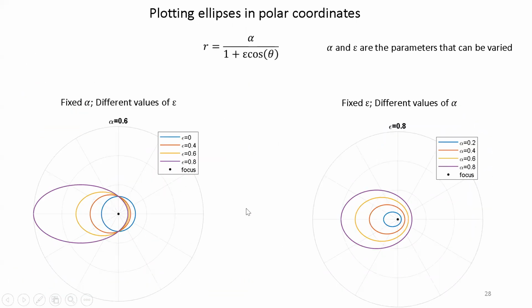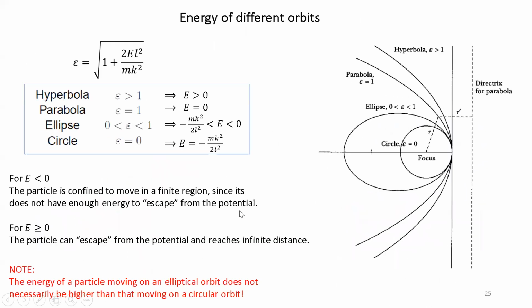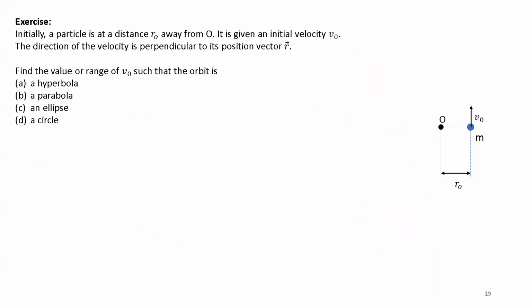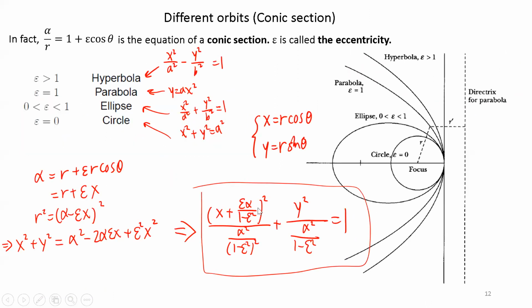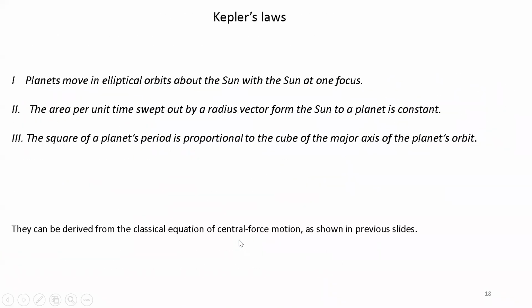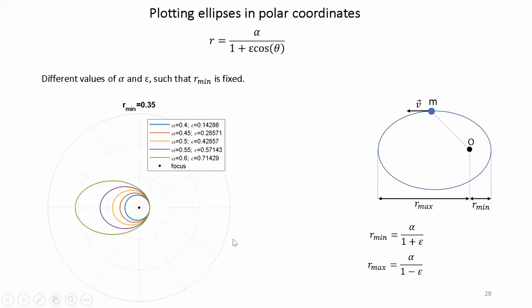I'll talk about this again next time, but you can look at them for now. I told you that in polar coordinates, if I write this kind of equation, it can be an ellipse, but it won't be centered at 0. And here that's what you exactly see. This is the origin of the coordinates, but you can see that the ellipse is not centered here.